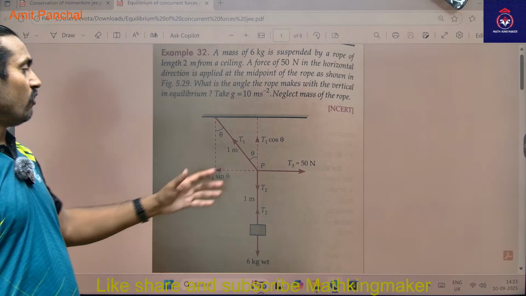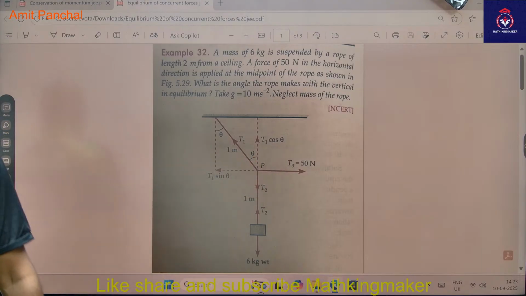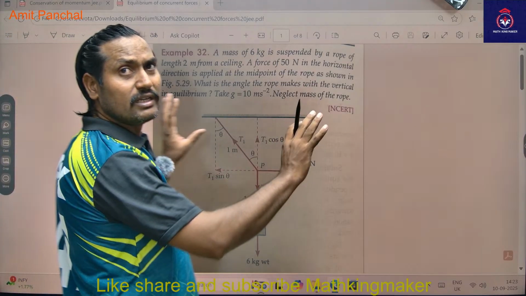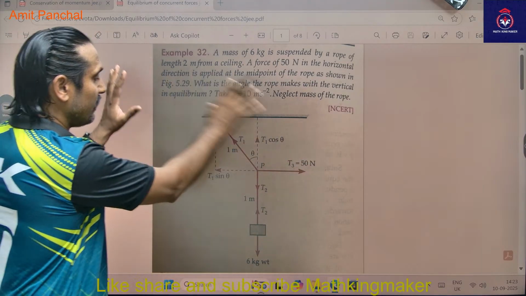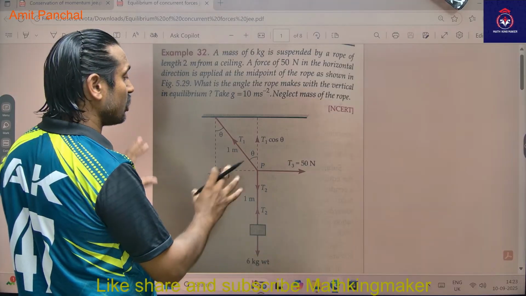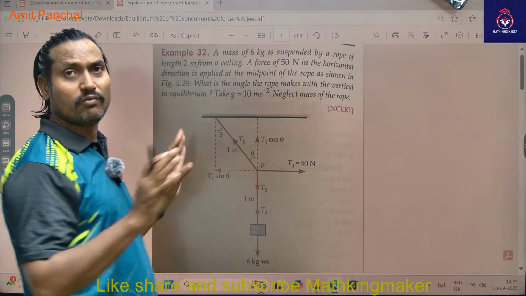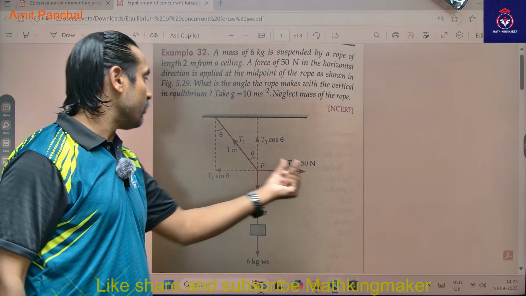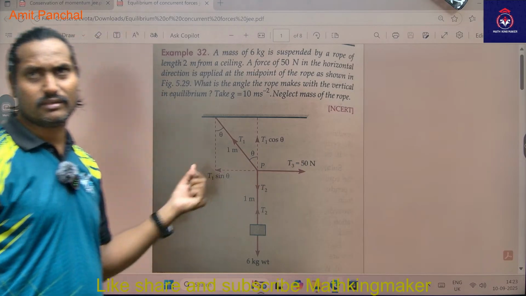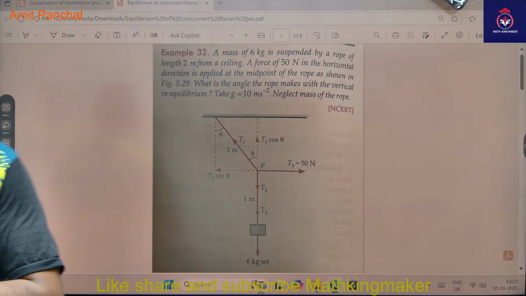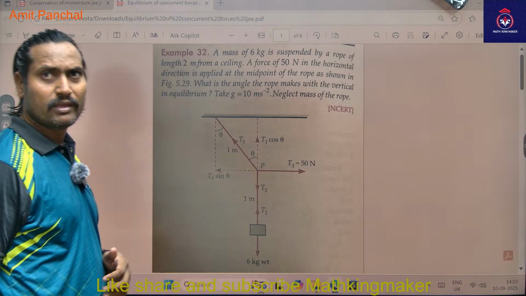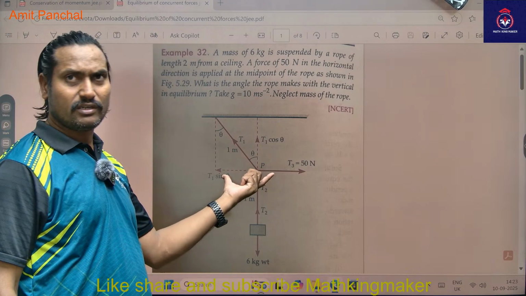T3 is given as 50 Newton. What force is in the opposite direction of T3? If this entire body is in equilibrium, the sum of all forces will be zero. So that 50 Newton will be balanced by T1 sin theta, because that is the only horizontal force applied on P. They will balance each other.